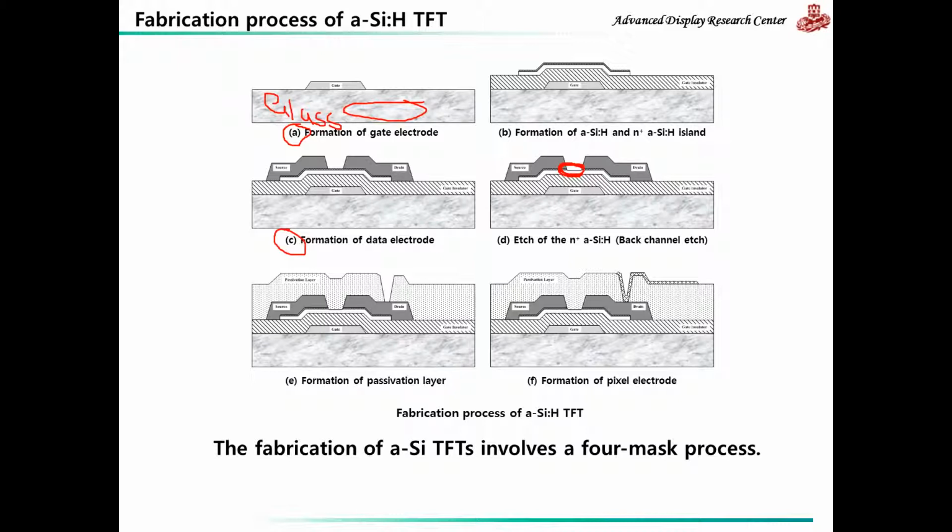Now we want this region to be intrinsic so that we can easily control the conductance using the gate. If an N plus amorphous silicon layer remains here, then we lose the gate control of the channel region.